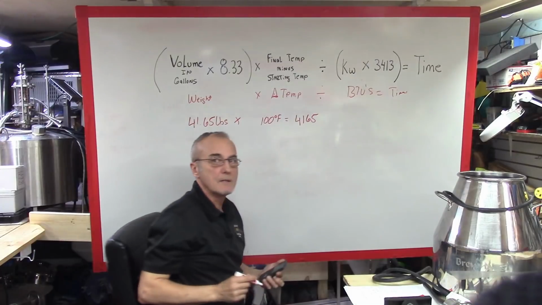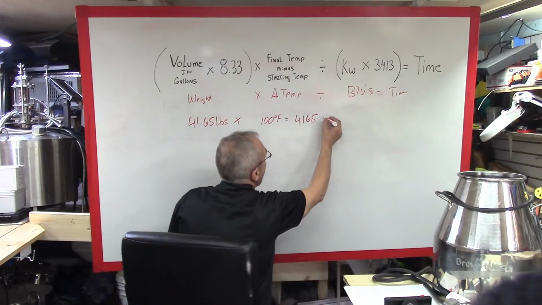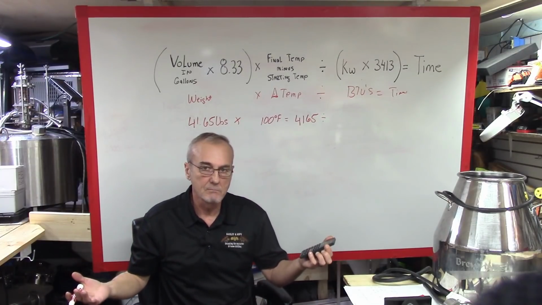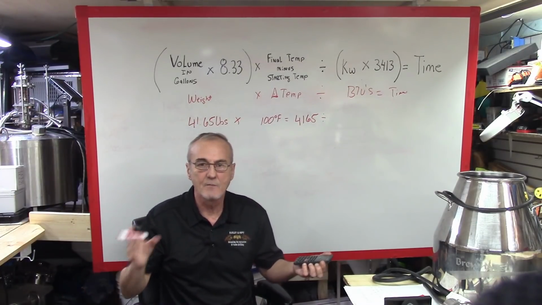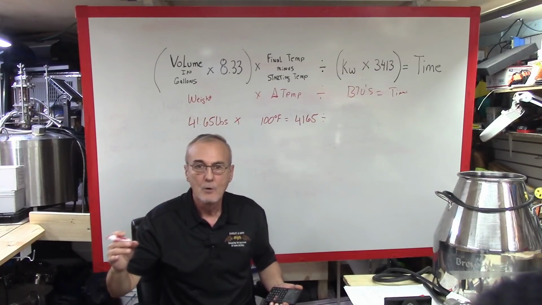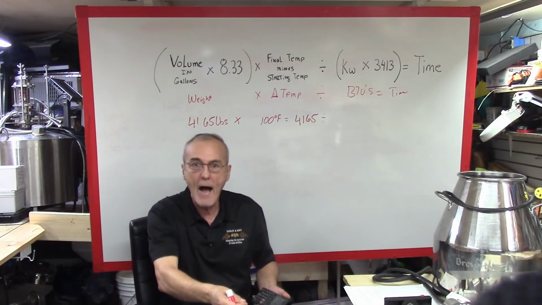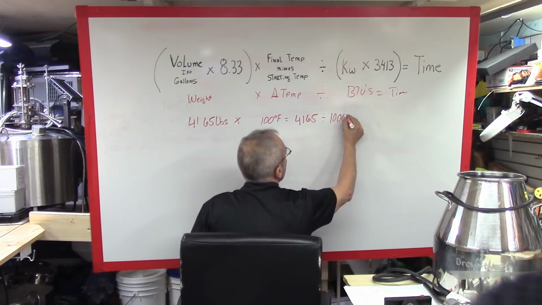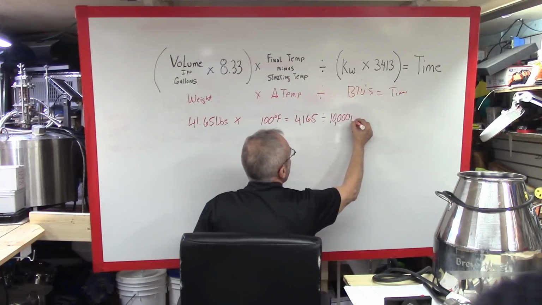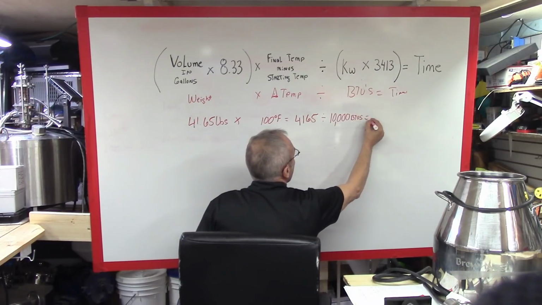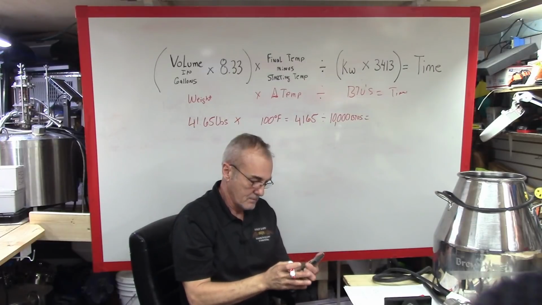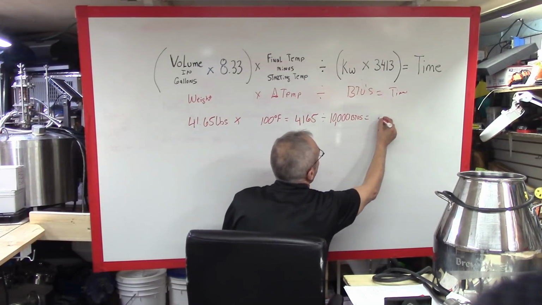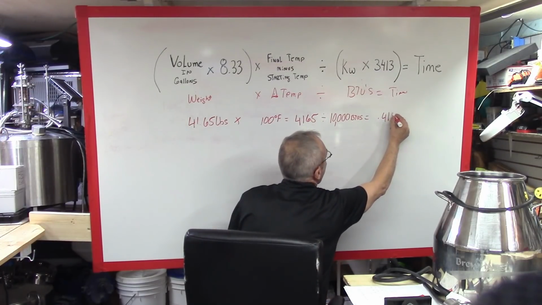4165. And now, in this case, we're going to divide by our BTUs. Since we're not using an electric element, we don't have to convert the element into BTUs. We already know what the BTU rating is on high. It's 10,000. Divided by 10,000 BTUs equals 0.41 hours.